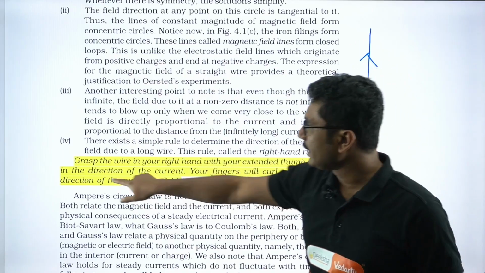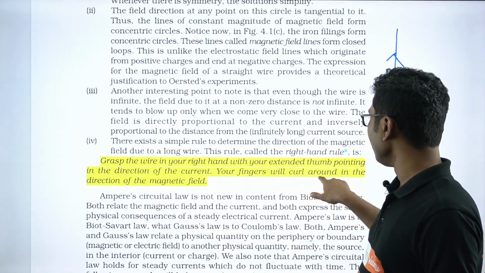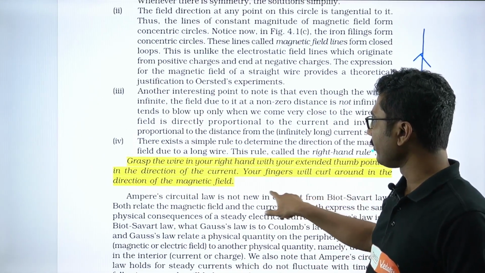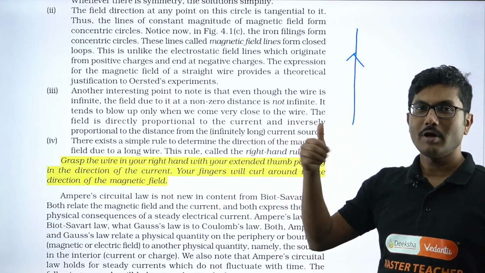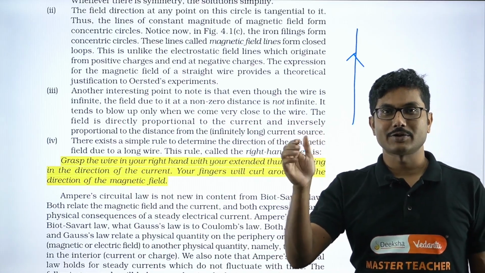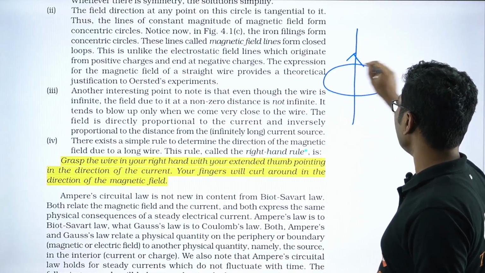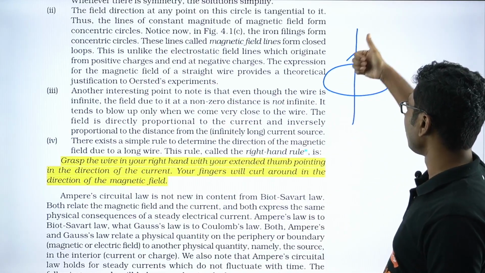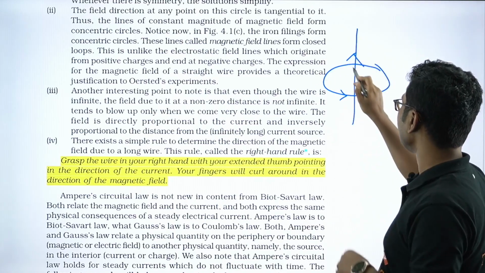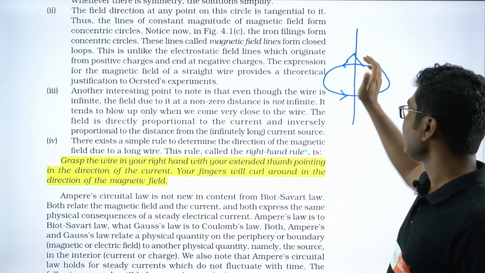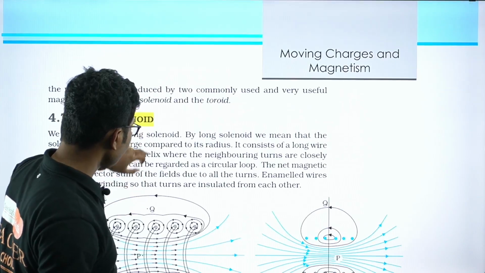Your fingers will curl around in the direction of the magnetic field. So the magnetic field due to a straight wire is circular, and the direction is in this direction. You can find the direction using your right hand and your fingers.